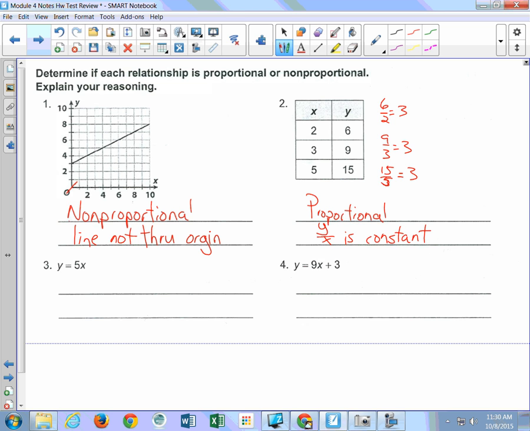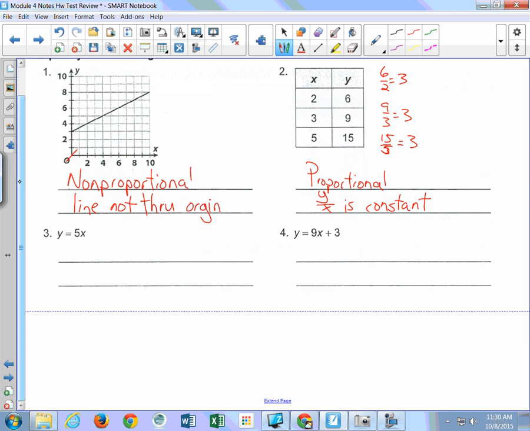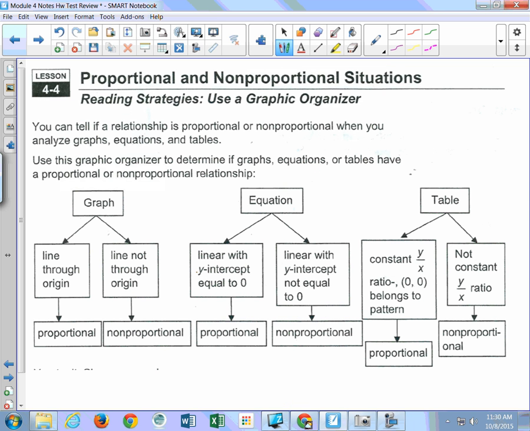Okay. Moving on to number 3, I have an equation. Graphic organizer says equations. For it to be proportional, linear with y-intercept equal to 0. So that means it's going to be y equals a number times x. That's y equals kx. Okay, this is the y equals kx form.